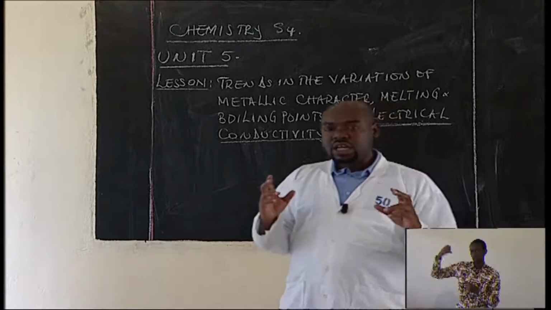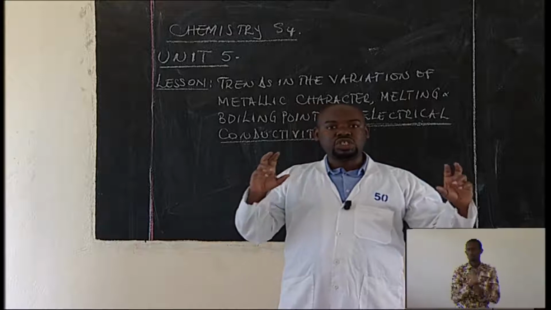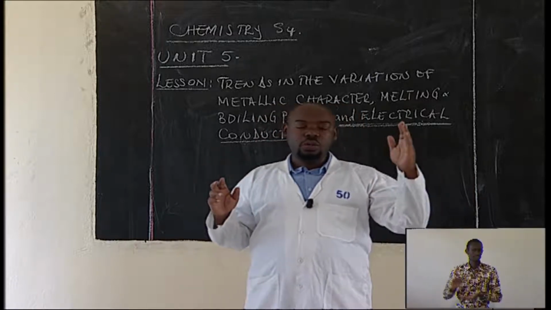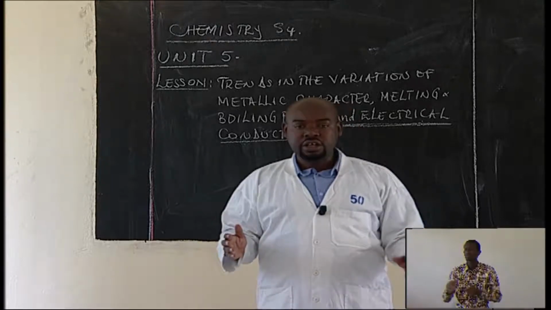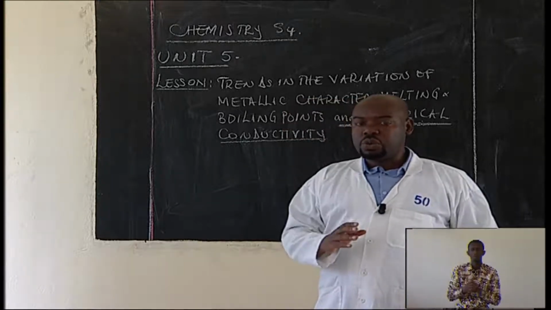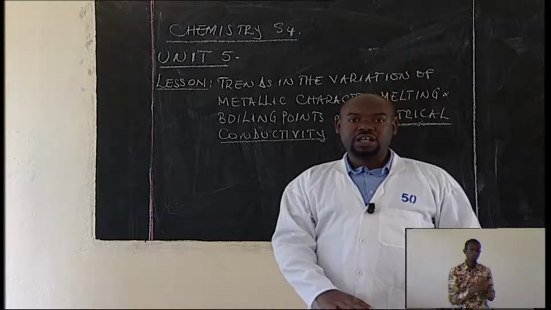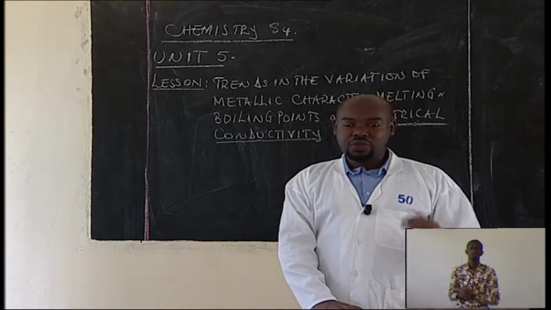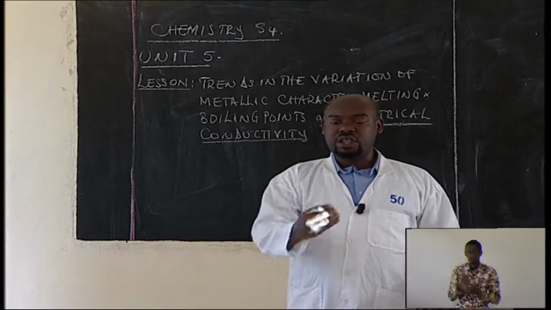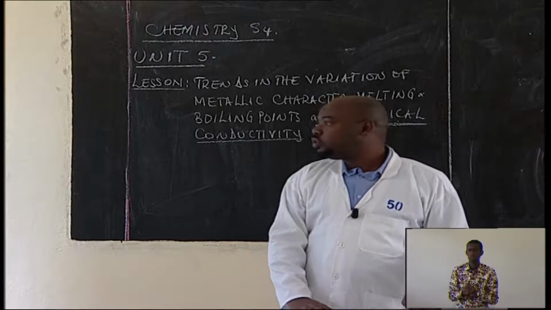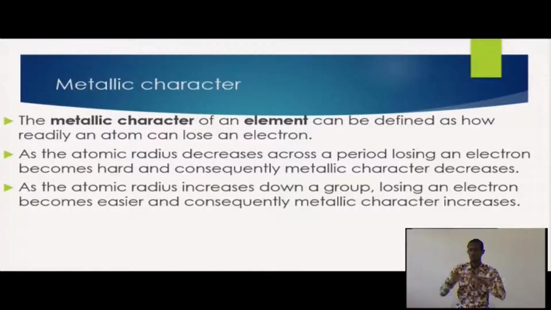So from the metallic character, we can distinguish chemical elements into metals and non-metals. And as I said, it shouldn't be confused with how hard a metal is or how soft a metal is, because it doesn't concern the strength of elements. So the definition: metallic character of an element can be defined as how readily an atom can lose an electron.